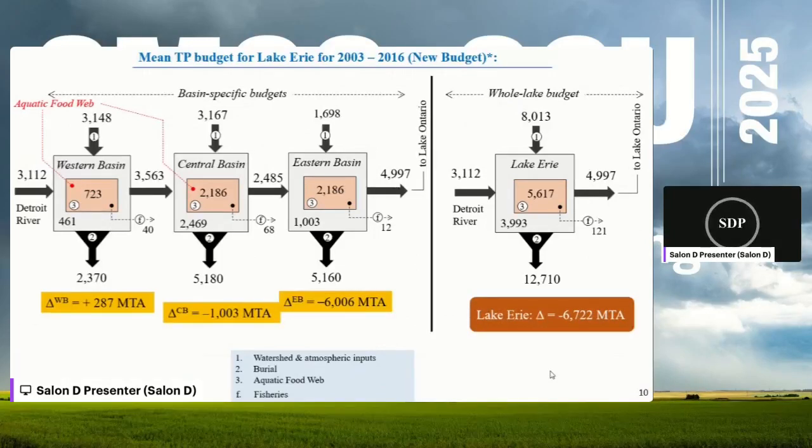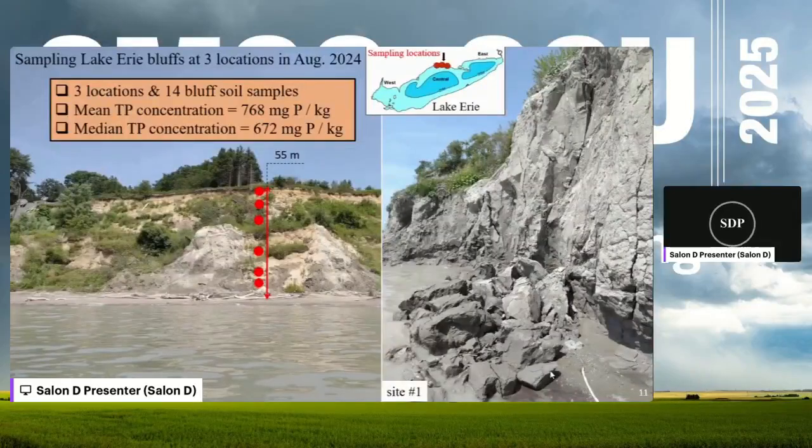And if you look at the difference between all the outputs and inputs, for the whole lake budget, it's approximately 6.7 thousand metric tons. Of the known processes in the lake, only shoreline erosion can provide sediments of this magnitude. So we wanted to estimate this.